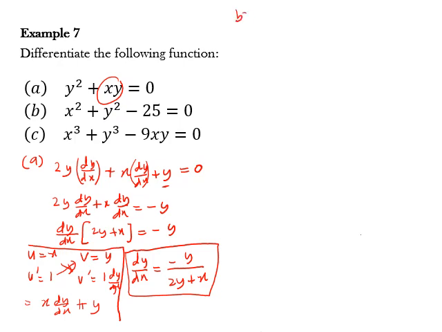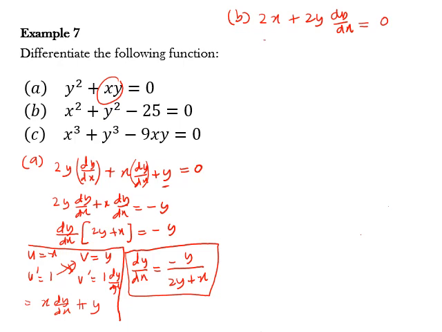So for B, this one, x squared plus y squared minus 25, there's no product rule involved. So just straightforward, 2x plus 2y dy/dx. Differentiate 25 is 0, 0 is 0.